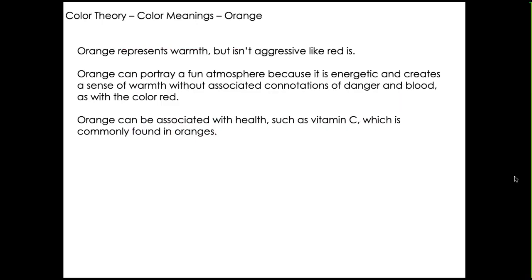So orange. Orange represents warmth, but isn't aggressive like red. Orange can portray a fun atmosphere because it is energetic and creates a sense of warmth without the associated connotations of danger and blood, as with the color red. So orange can be associated with health, such as vitamin C, which is commonly found in oranges. Now, another area where we see orange is in Hindu religions, like orange is like reaching nirvana.